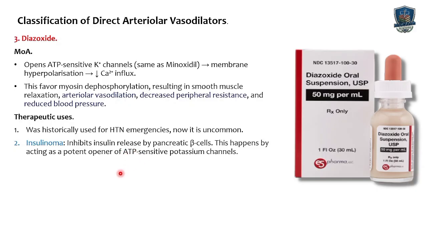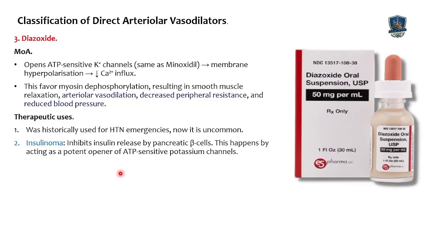When there's an increase in ATP production, it leads to the closure of potassium channels in the beta cells. When there's a closure of potassium channels, this leads to a decreased potassium efflux from the beta cells. So a decreased efflux leads to an increased positive charge.